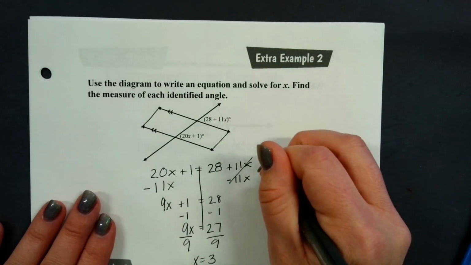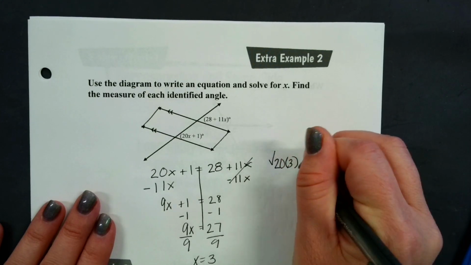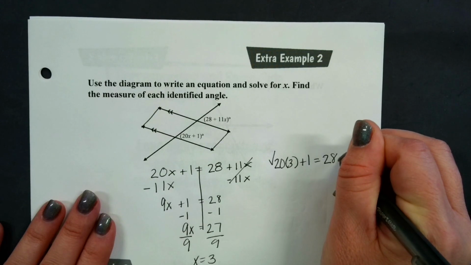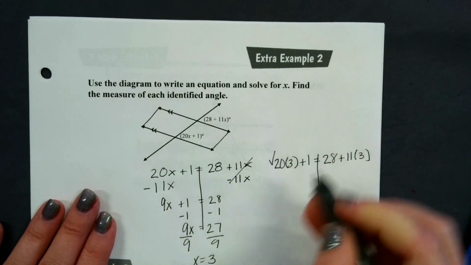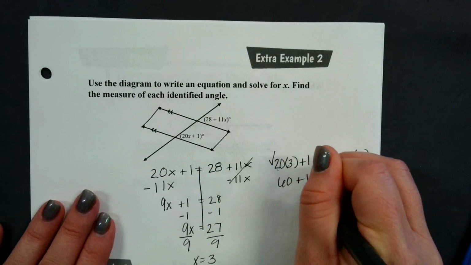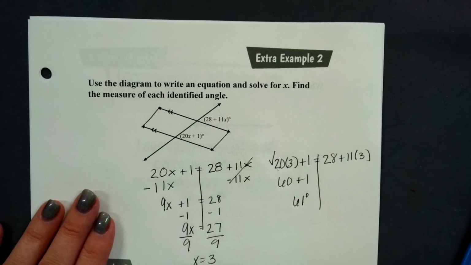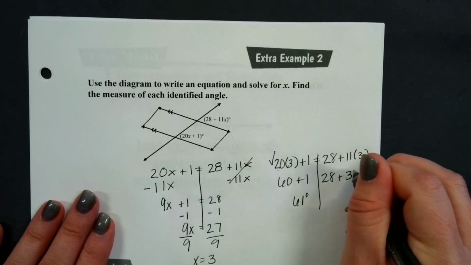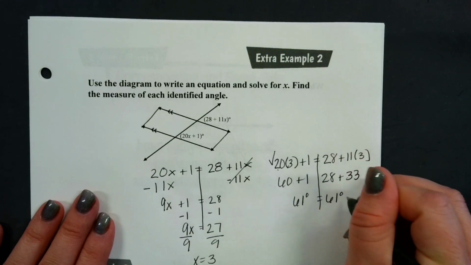Now I'm going to check that. I'm just going to put it right back into this because both sides should equal the same amount. We just got to figure out what that angle measure is. 20 times 3 is 60, plus 1 is 61 degrees. That should be 33 plus 28 also gives you 61 degrees.